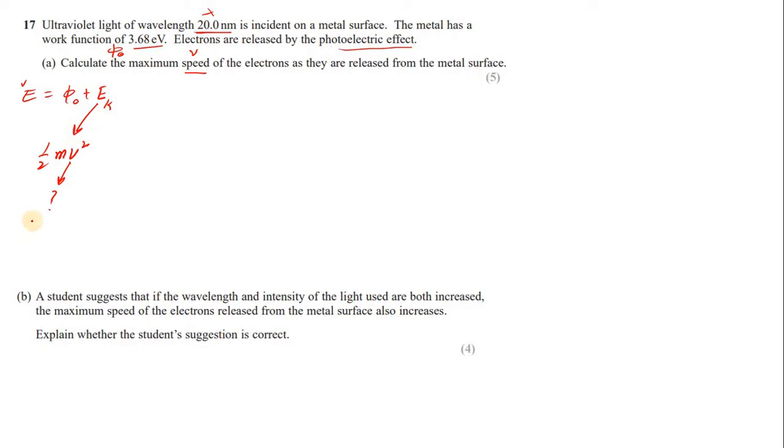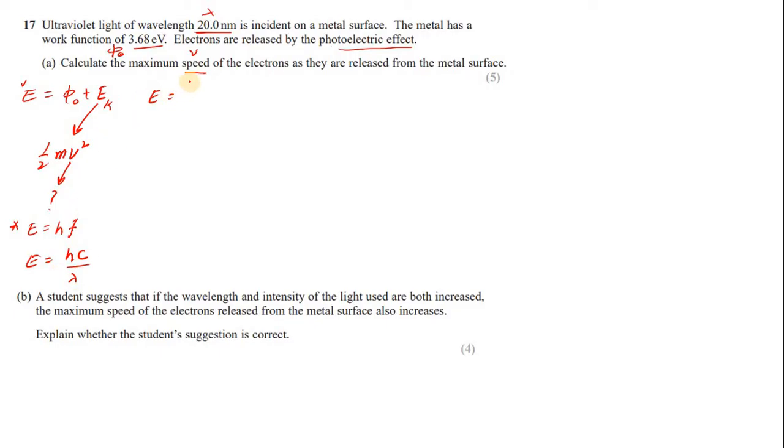You can start your working from this step. Energy is equal to h multiplied by f, or energy is equal to h c by lambda, because f is equal to c upon lambda. Now you can substitute your numbers.